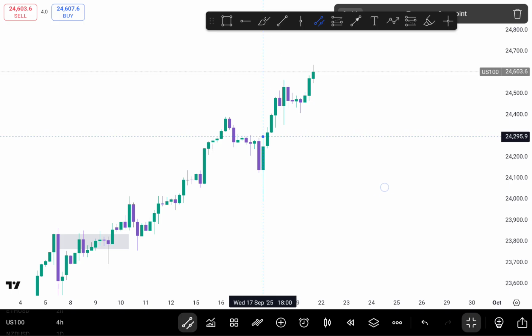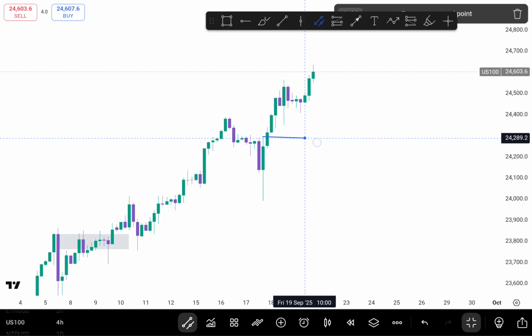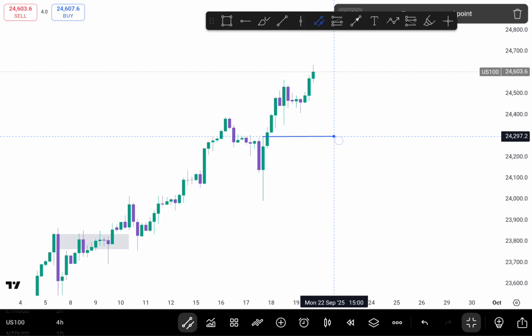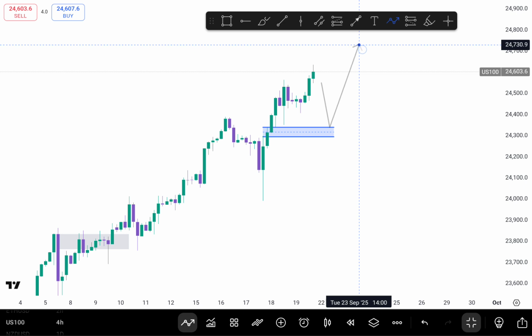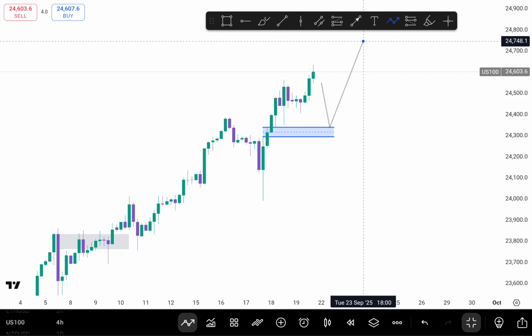We'll be looking to continue the ride to the upside. Price is clearly in a bullish run. So we're expecting price at the opening of the market to come down to our point of interest before going up. So that's that for the US 100.